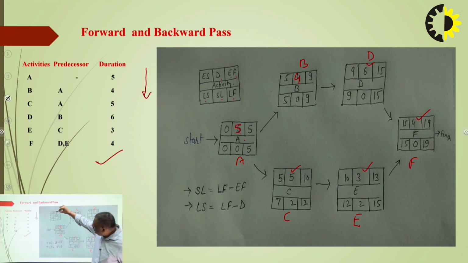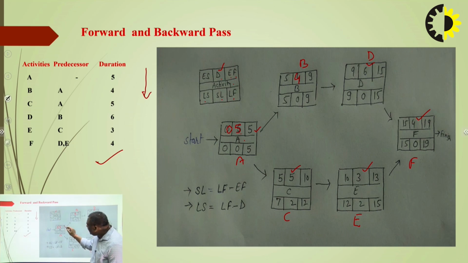So this field is covered. Earliest start, we cover this field. Initially the earliest start of activity A is 0. Starting from 0, it takes a 5-month duration. That means earliest finish is earliest start plus duration, so 0 plus 5 is 5.